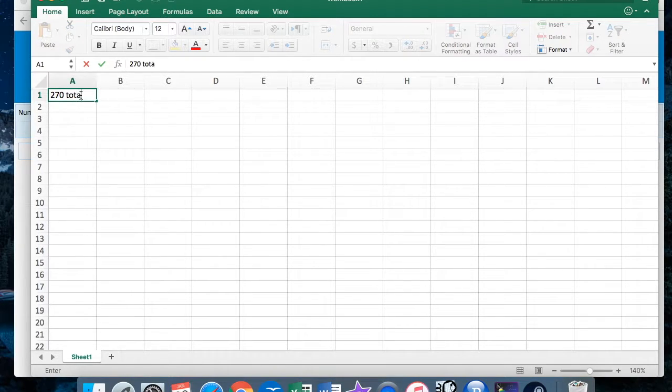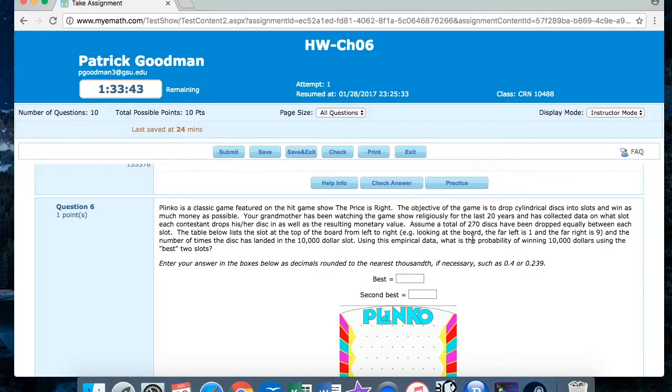That's how many they said were dropped total. So that'll be our total. Now, how many are per slot? Well, they said it's evenly, so it would simply be your 270 total disks divided by 9 slots, right? Because they said there's 1 through 9, so there's 9 slots.